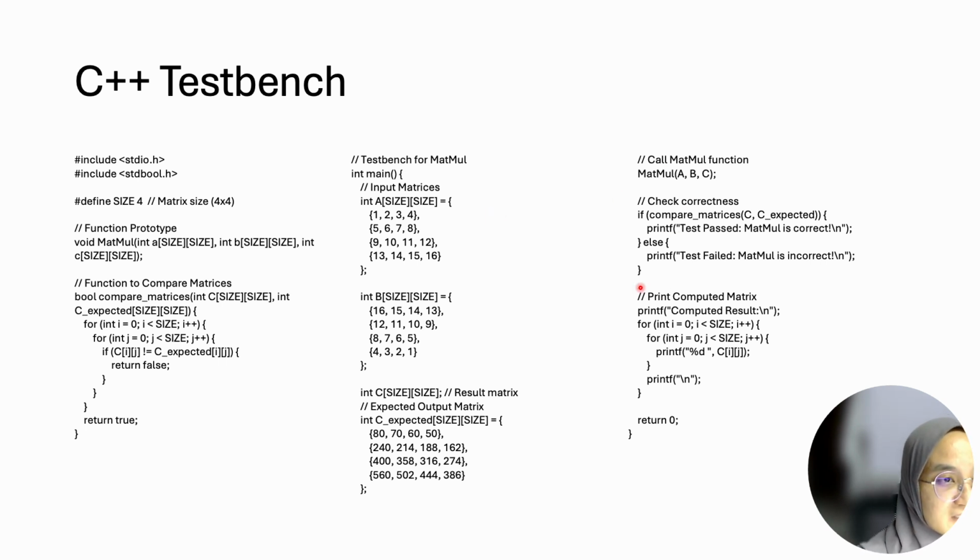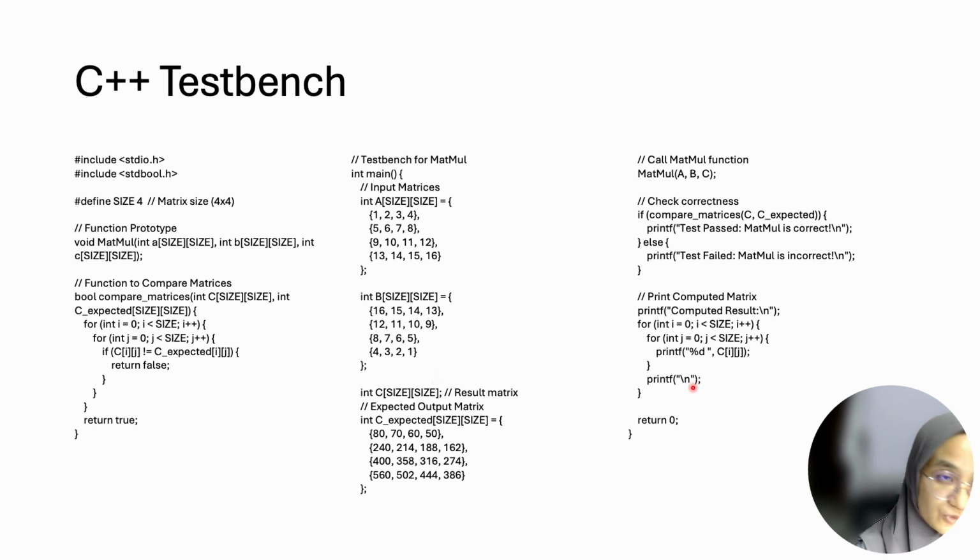After we input and get the output C, we will compare the matrices in these functions and print out a pass or fail message. If it's passing, then we will be able to see that the multiplication is done correctly. For both designs, I will go through this C++ test.